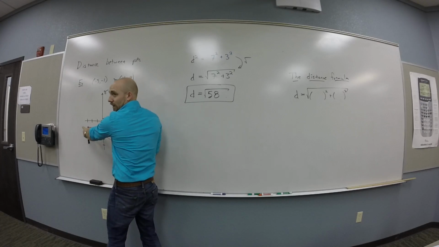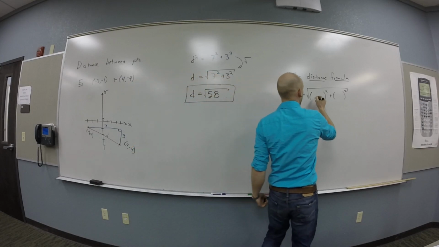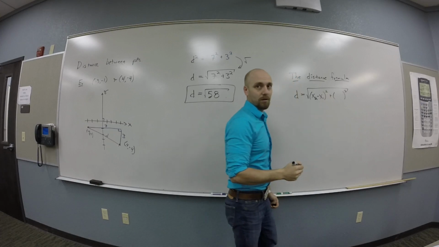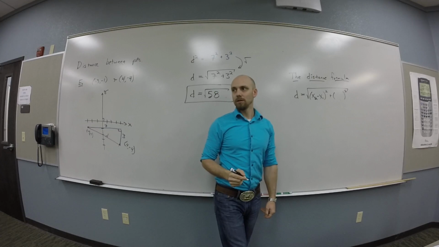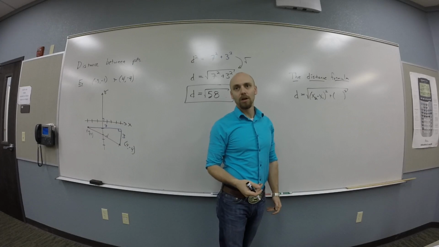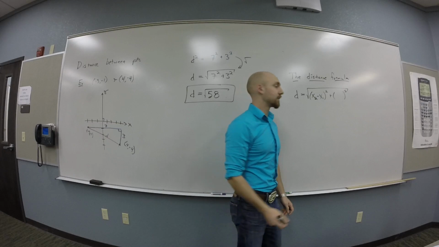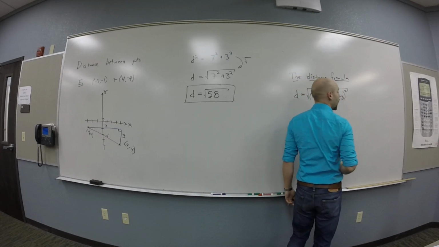So I took where I ended and subtracted where I started. So I'd write that as x2 minus x1. You see that? Yeah. It's just the second x coordinate minus the first x coordinate. How about in the y's? What did I do in the y's? Same thing. Yeah, the exact same thing. Took y2 and subtracted y1.